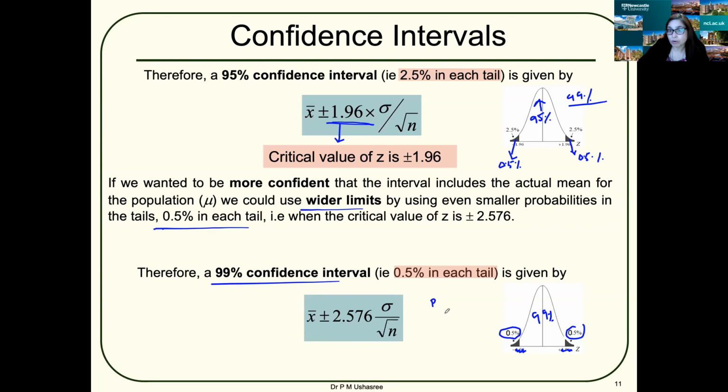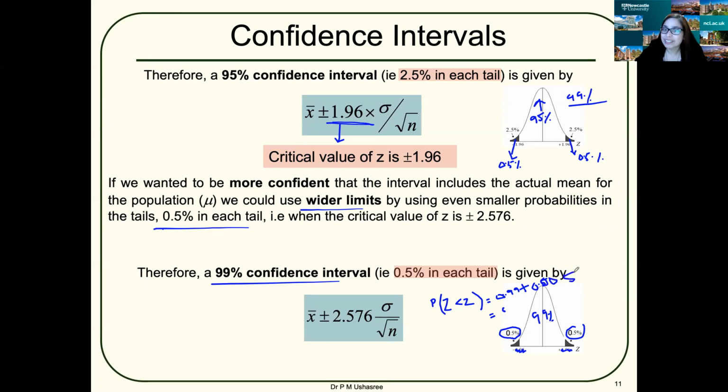Now you have to look for the probability of Z less than Z is equal to 0.99 plus 0.05, sorry, it should be 0.005.